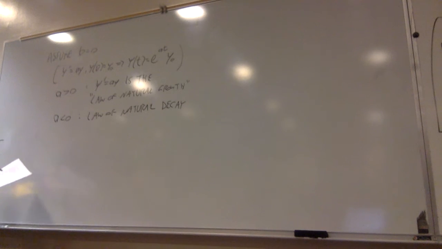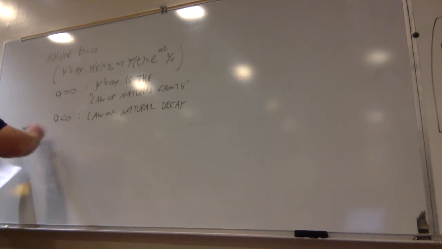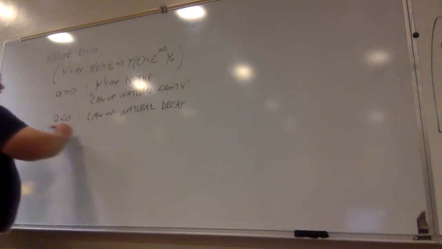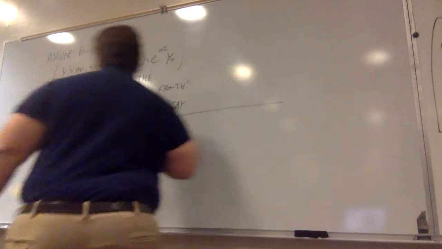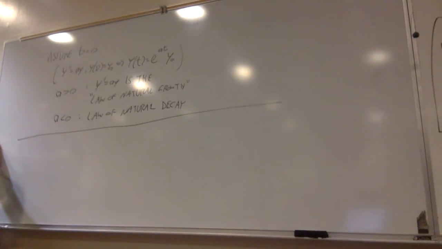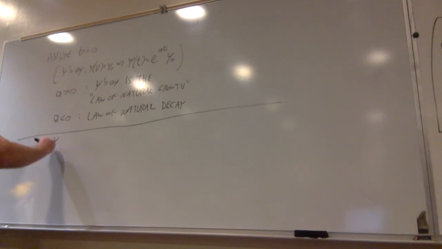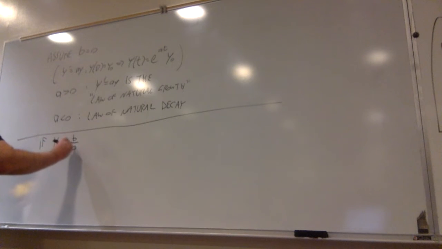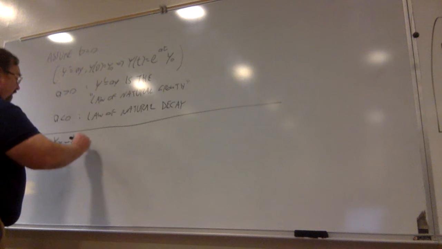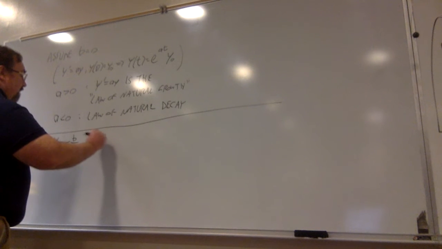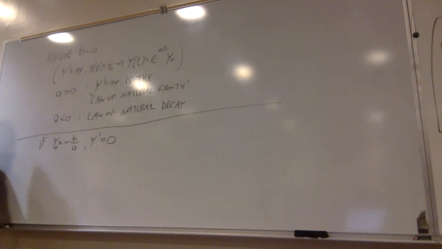Now, all right, so that's for when B is 0. Generally speaking, if y naught is equal to minus B over A, whether B is 0 or not, then we get y prime is equal to 0.